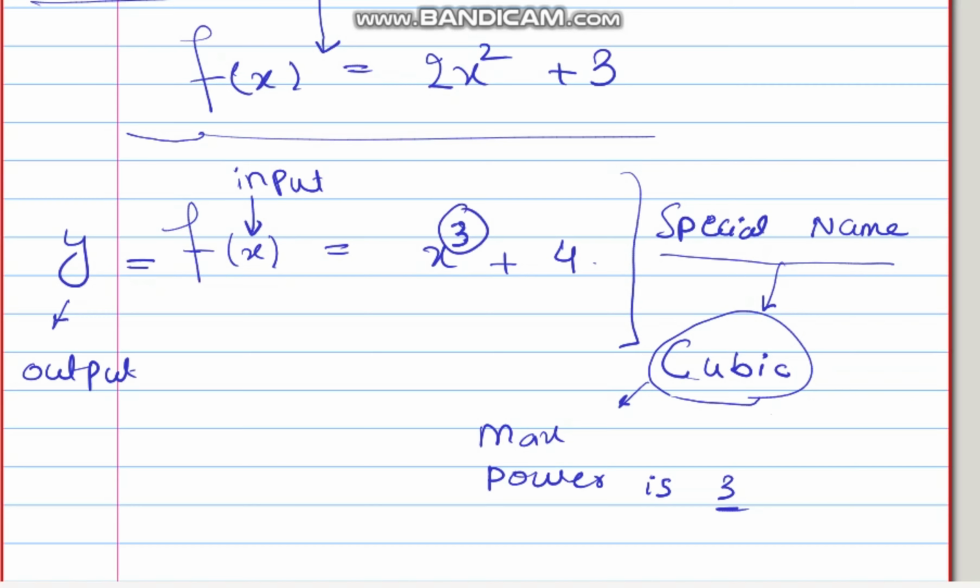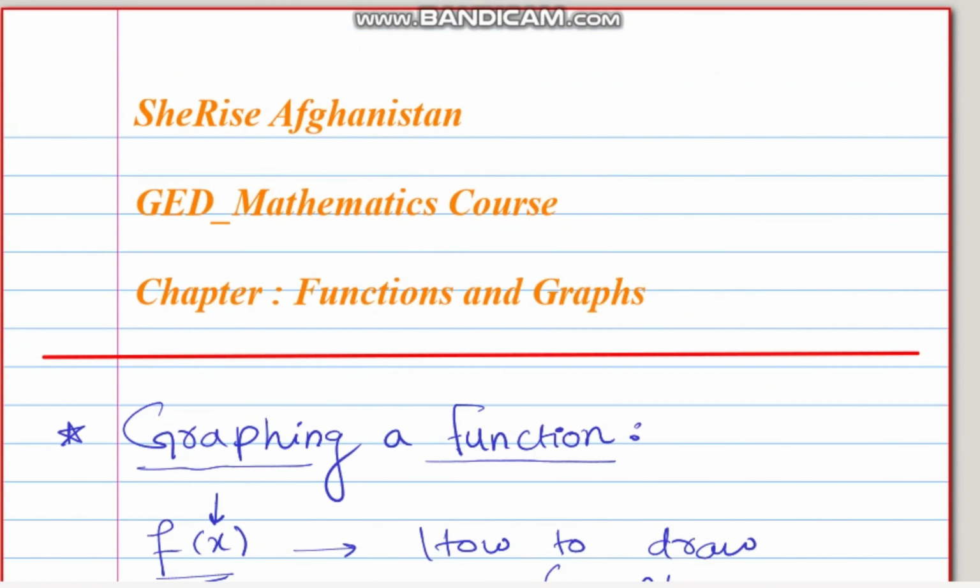What will be the special name of this function? The special name will be cubic, because the maximum power is 3. So this was our today's discussion, and let me wind up. I think this is enough for today's class, and in the next class, we will study the further discussions in detail.